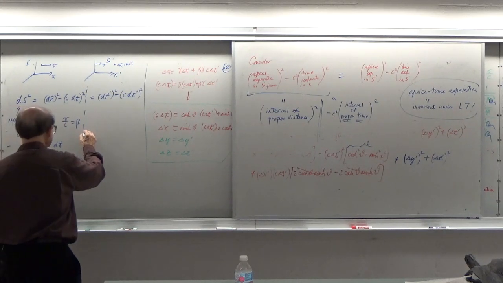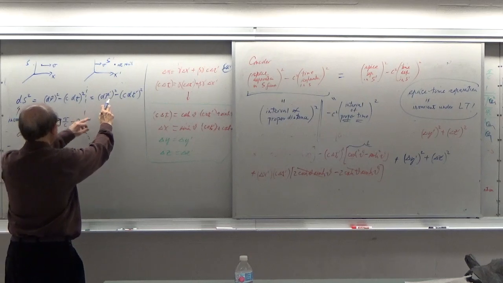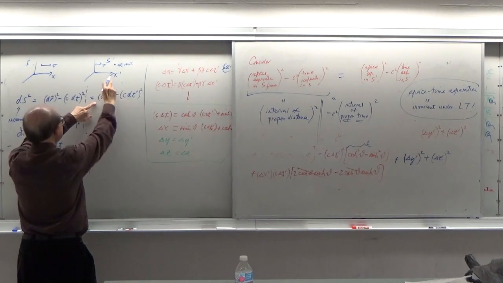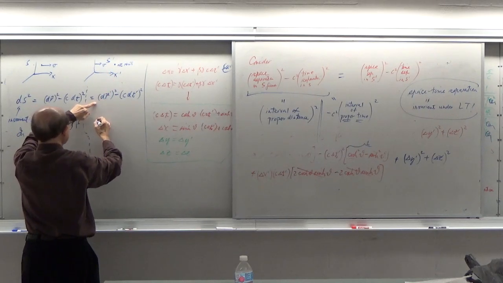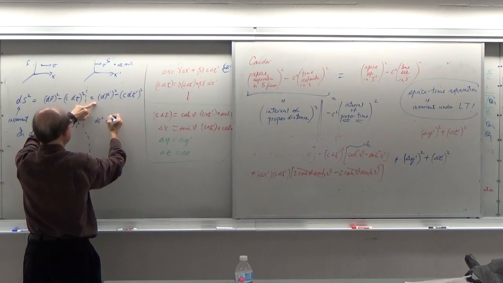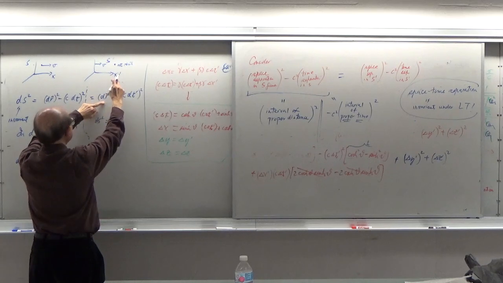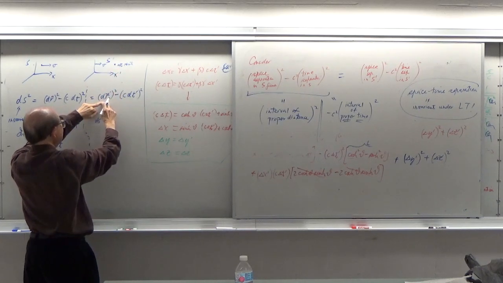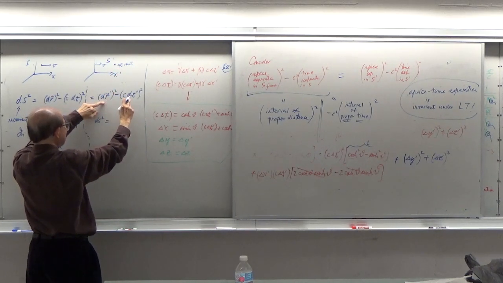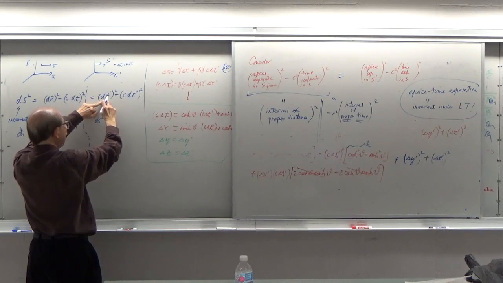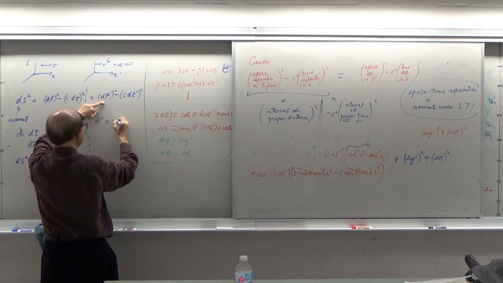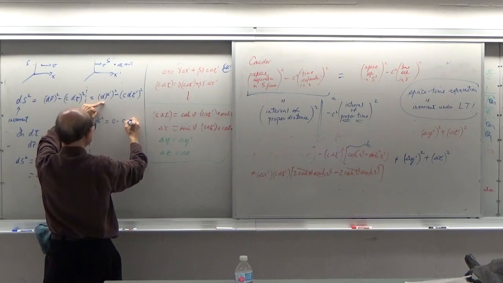On the other hand, this invariant quantity is given by this in the S prime frame. So ds squared is equal to this. Well, this system is at rest, so in the infinitesimally small amount of time dt prime, dr is 0. So 0 minus c squared dt prime squared.